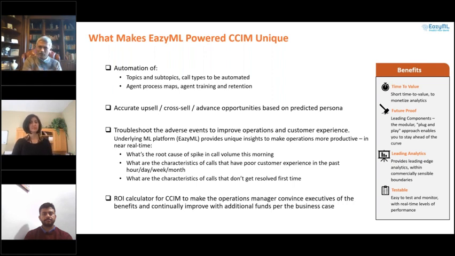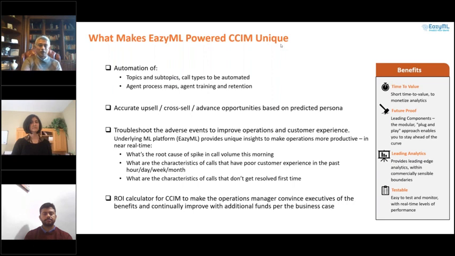Remember, we saw that middle box in EasyML? And you will get root cause as to what are the characteristics of the call that are causing this immense spike in the calls this morning. Armed with that insight, now you can go back to your business process engineering or whatever be the mismatch in resources, etc.